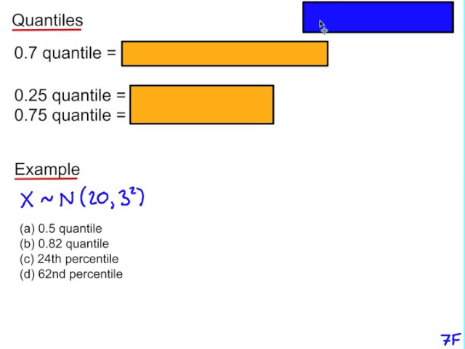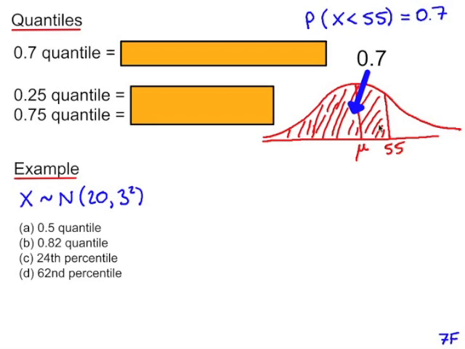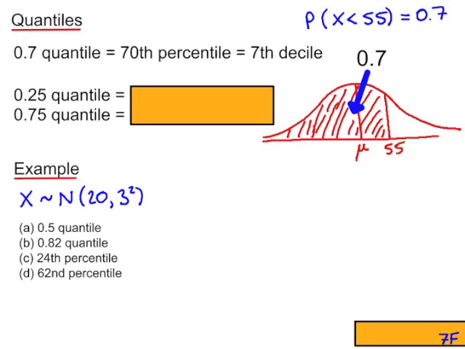In the previous example, we were given that the probability of a score being less than 55 was 0.7. Another way of stating this is to say that 55 is the 0.7 quantile. This means that 70% of scores are below that value of 55, and so 55 can also be described as the 70th percentile or the 7th decile.